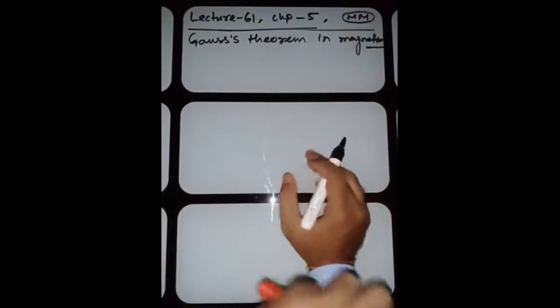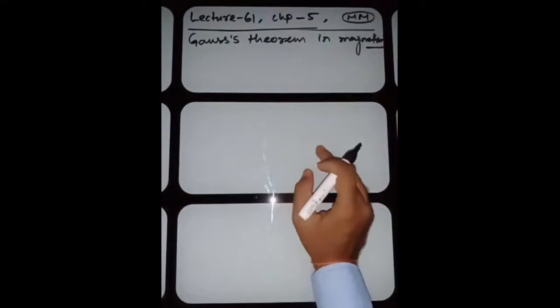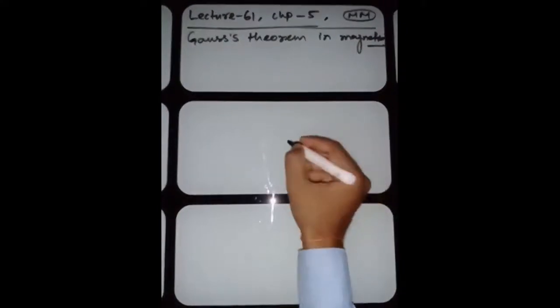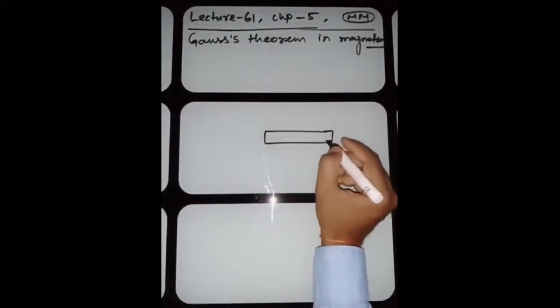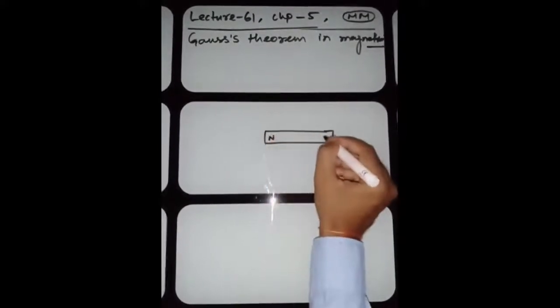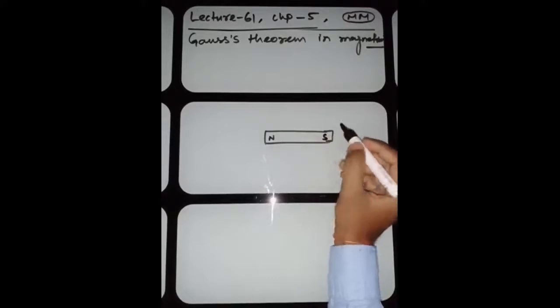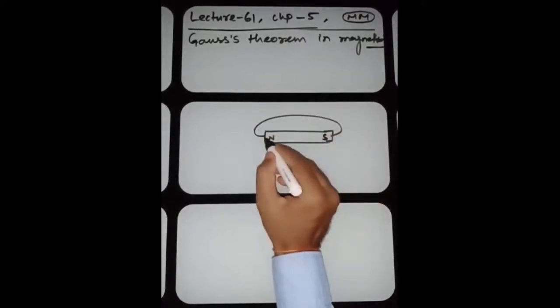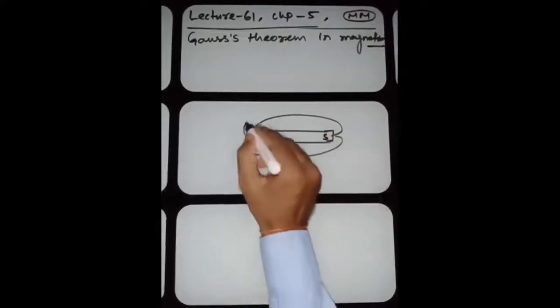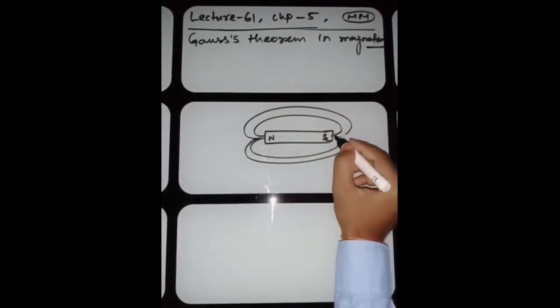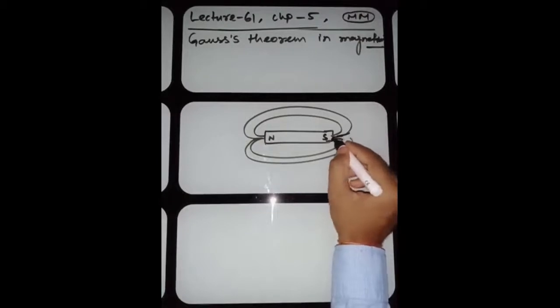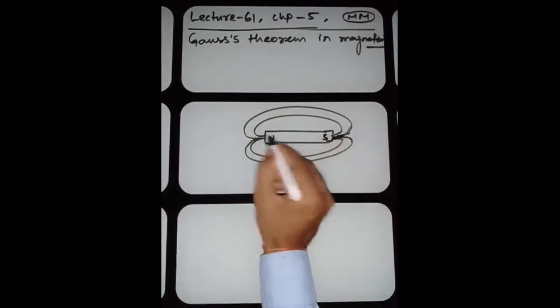Now, before applying the Gauss's theorem, let me discuss here the field lines of a magnet, which is not very difficult. We have studied already. This is the North Pole and South Pole. How the magnetic field arranges around this magnet, it looks like this one.